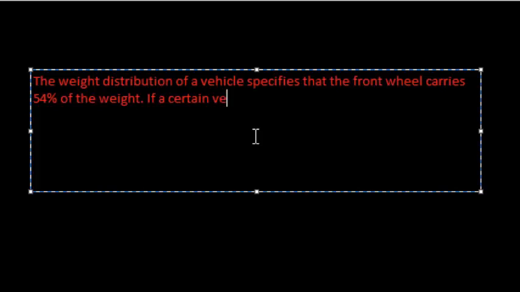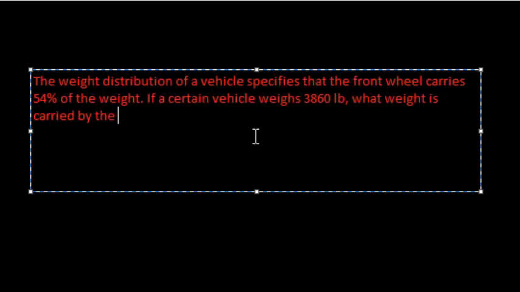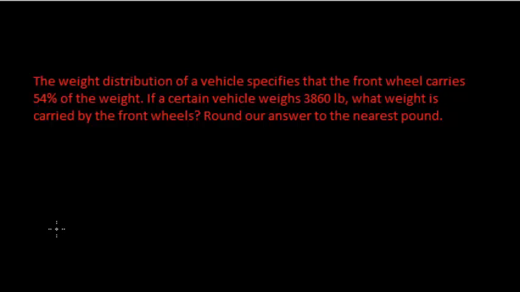If a certain vehicle weighs 3,860 pounds, what weight is carried by the front wheels? And let's round our answer to the nearest pound. To solve this, we want to take a look at the important information. For example, 54% here is important. 3,860 pounds will be important.